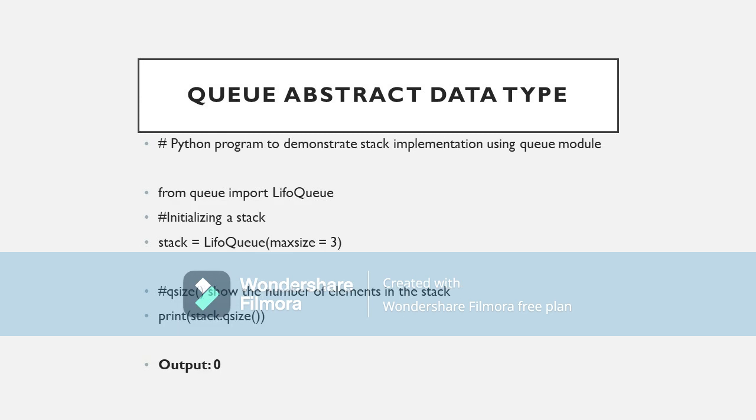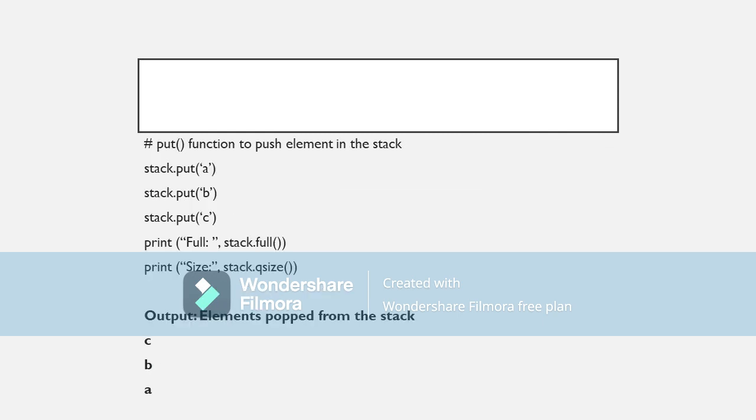So here we are demonstrating stack implementation using the queue module, importing the last in first out queue and initializing a stack, setting the maxsize equal to 3 for the last in first out queue, then printing the output, which is 0 since we didn't put anything yet.